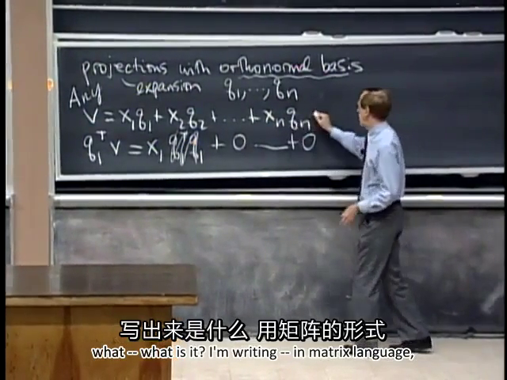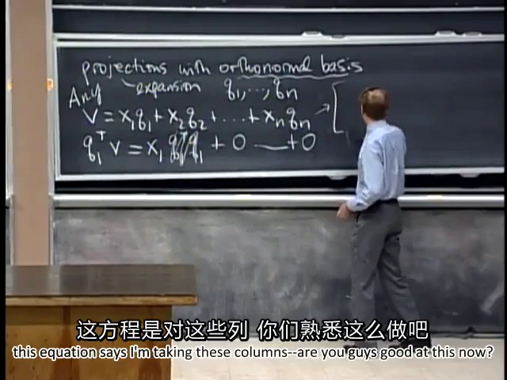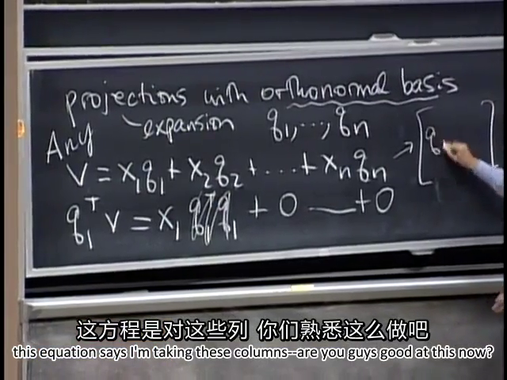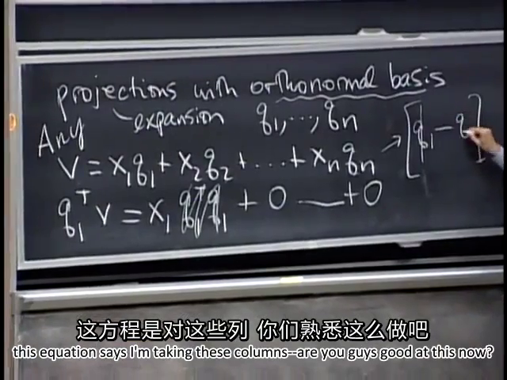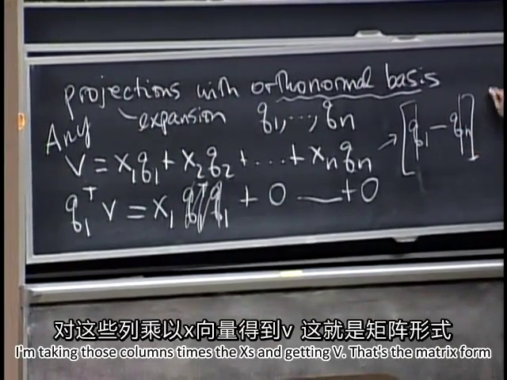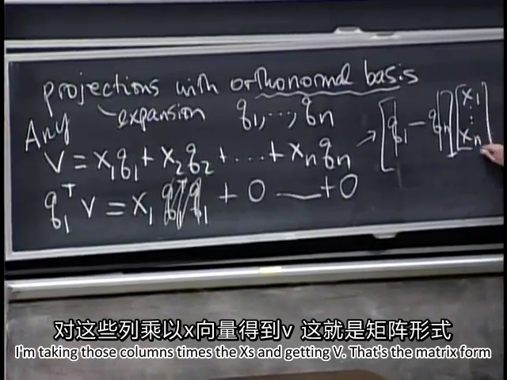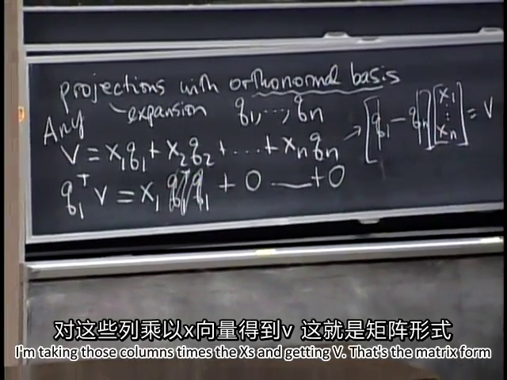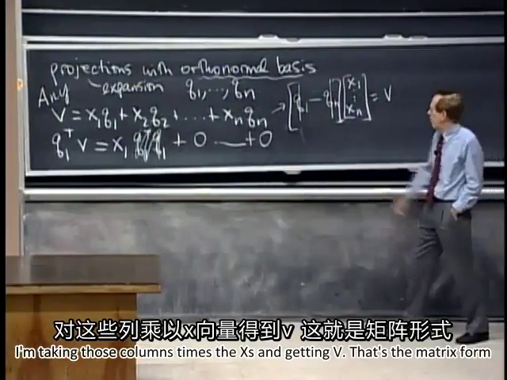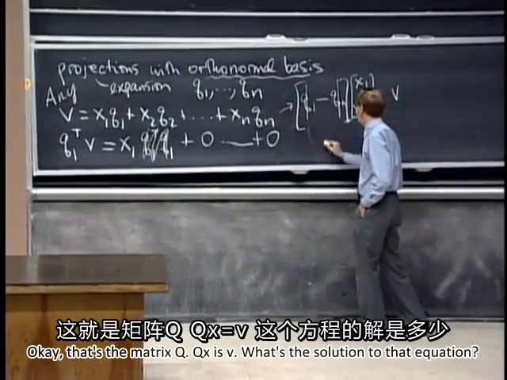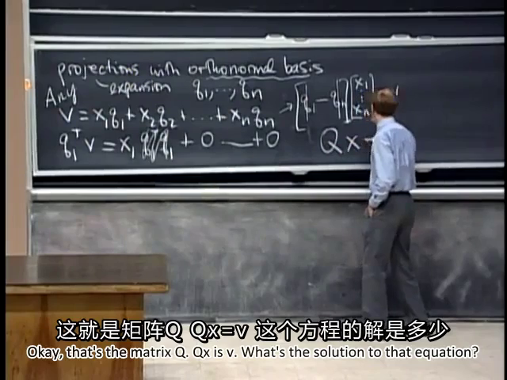In matrix language, this equation says, I'm taking these columns. Are you guys good at this now? I'm taking those columns times the x's and getting v, right? That's the matrix form. Okay, that's the matrix Q. Q x is v.